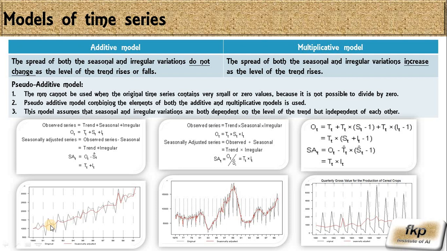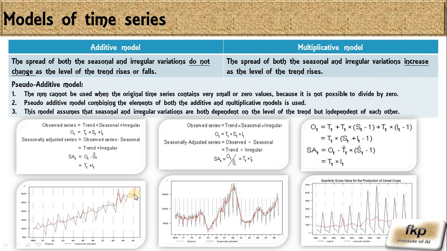Whatever you are seeing here is the trend plus residual component. The residual component is most of the time a very small component. So overall, what we are seeing here is the trend component, seasonally adjusted from the original series.